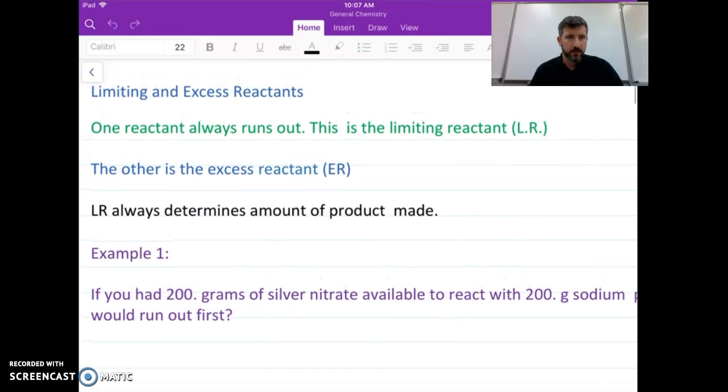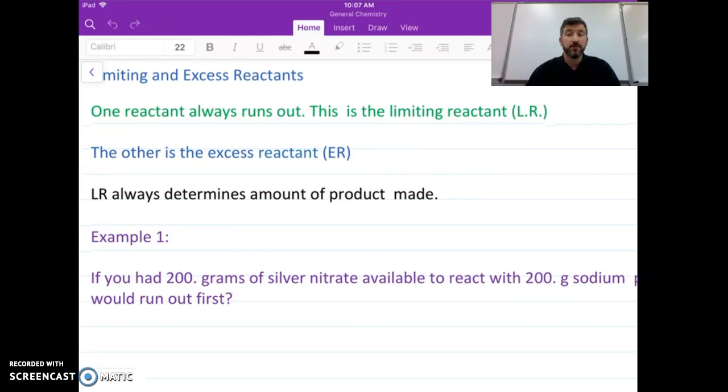Okay, so what is the limiting reactant? What is the excess reactant? Anytime we do a reaction, no matter how hard we try to do the reaction in the right ratio of reactants, the right ratio of ingredients, we always run out of one of them. One is going to run out first. We can't get it perfect.